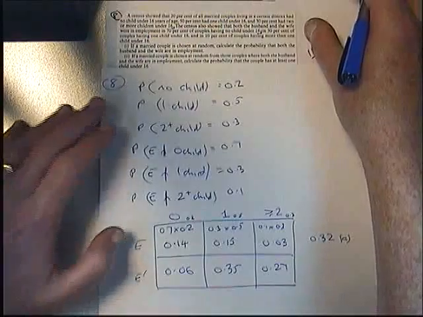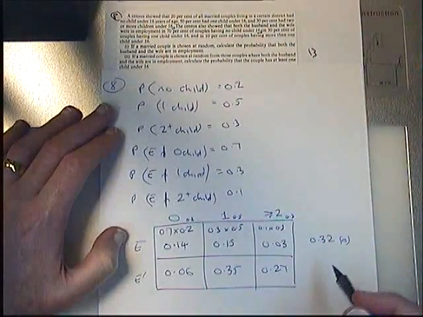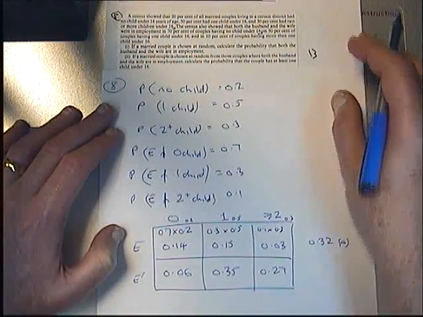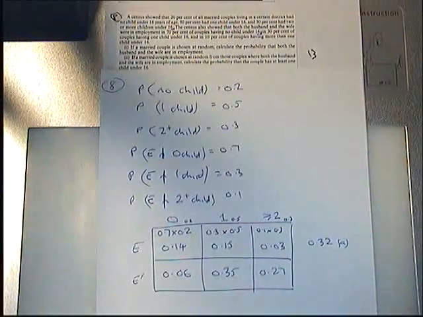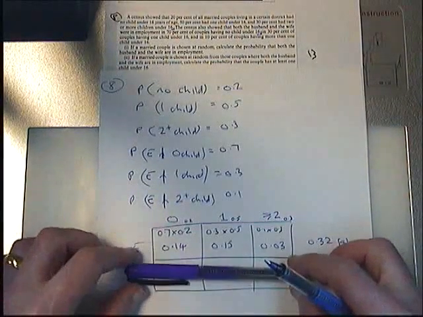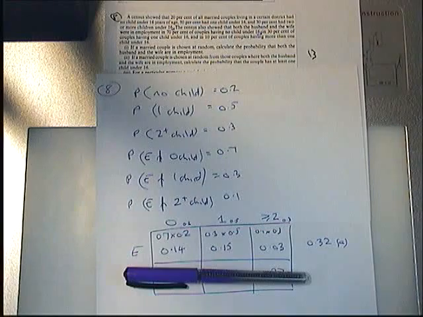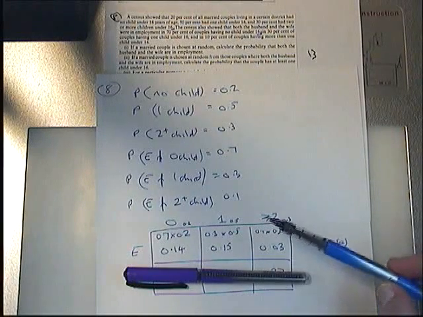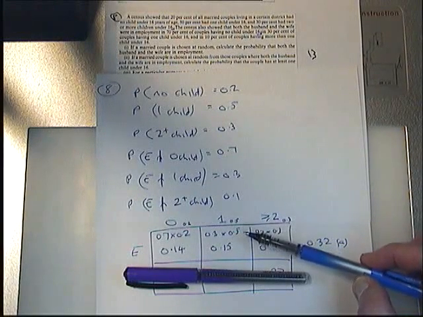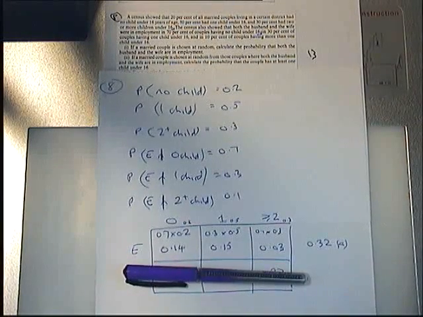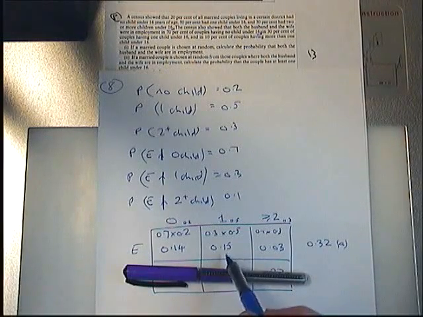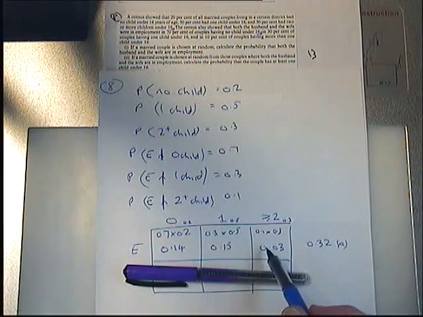Part B, if a married couple is chosen at random from those couples where both the husband and wife are in employment, so we are ignoring this bottom row now, we're just looking at the top row. Calculate the probability that a couple has at least one child under 16. At least one child under 16 is this one here or this one here.